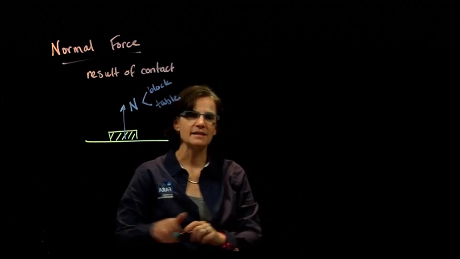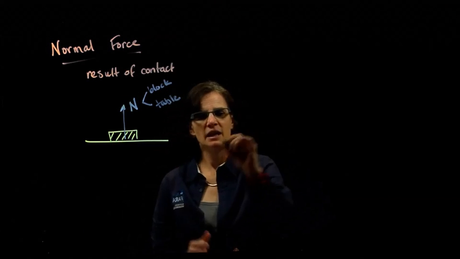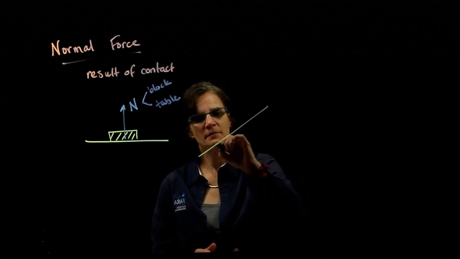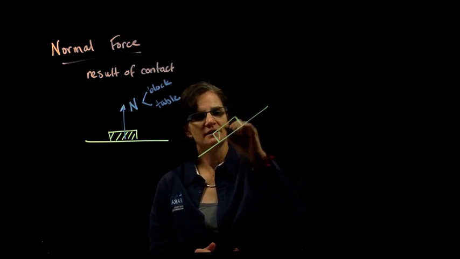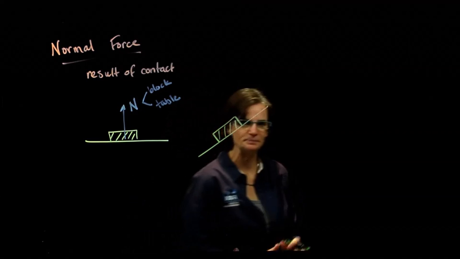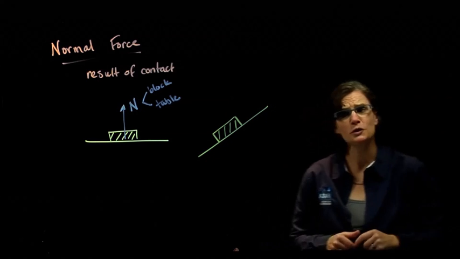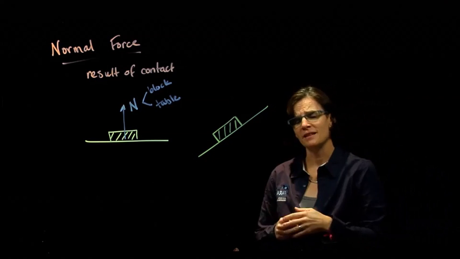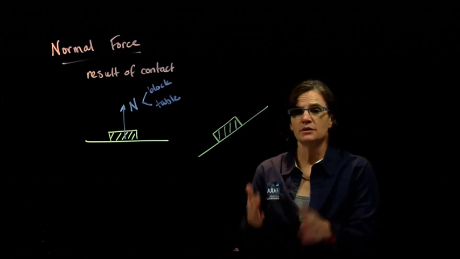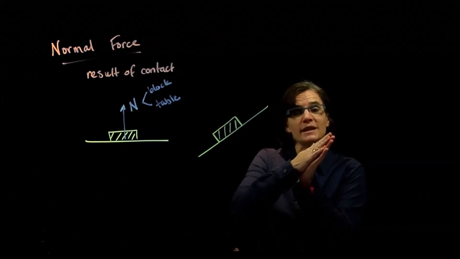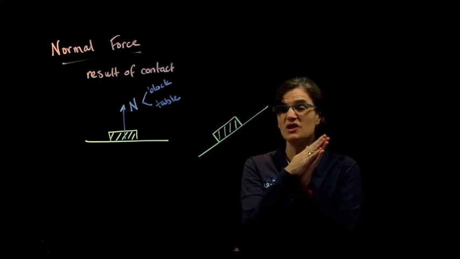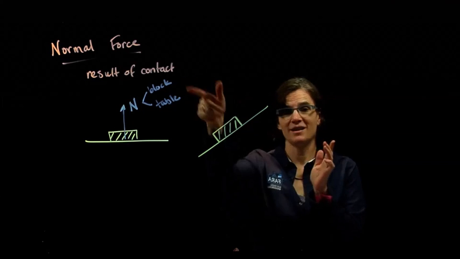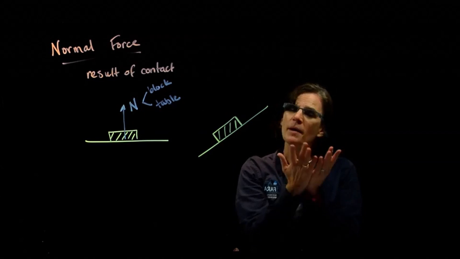What if I take that same surface and I put it on an incline? Now the block of wood is sitting on the incline. How does the normal force look for a block of wood on an incline? Well, there's still contact between the wood and the surface. So there's still a normal force between the block and the table. What about the direction?